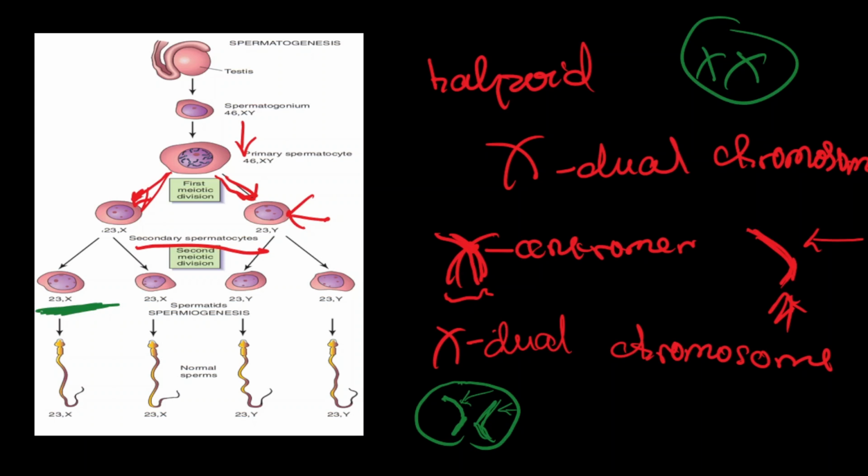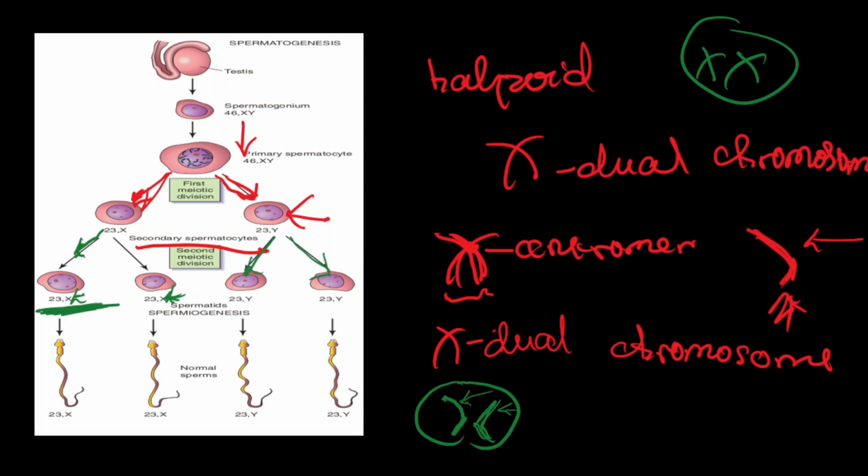We can see that the division of this 23X gives us spermatids that are X. So at fertilization, if these 23X spermatids that go on to form the spermatozoa fertilize an ovum or an egg, they would lead to the development of a female embryo. And here we have the Y that would lead to the development of the male embryo.